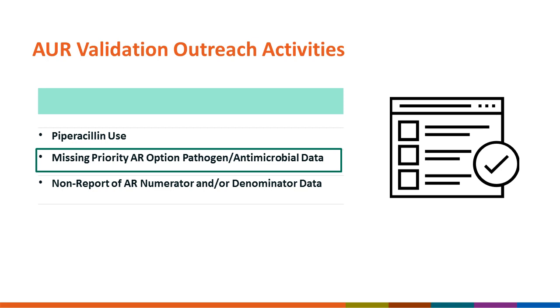The next data validation outreach activity I want to speak about relates to AR option data. As part of ongoing analysis of AR option data to ensure completeness, we identified 5 key pathogen, antimicrobial, or bug-drug combinations, and we targeted facilities with a large percentage of missing data for these key combinations.